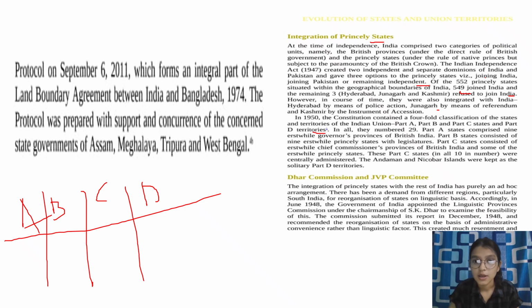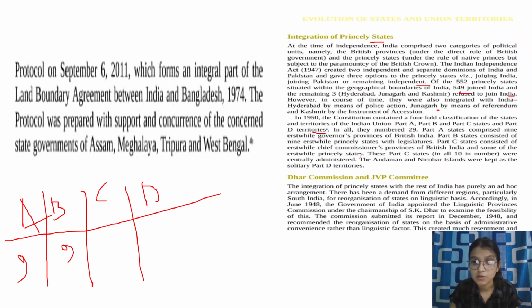In all, the total number is 29. Part A states comprised 9 erstwhile governors' provinces of British India. Part B states consisted of 9 erstwhile princely states with legislatures. Part C states consisted of erstwhile chief commissioners' provinces of British India and some of the princely states.